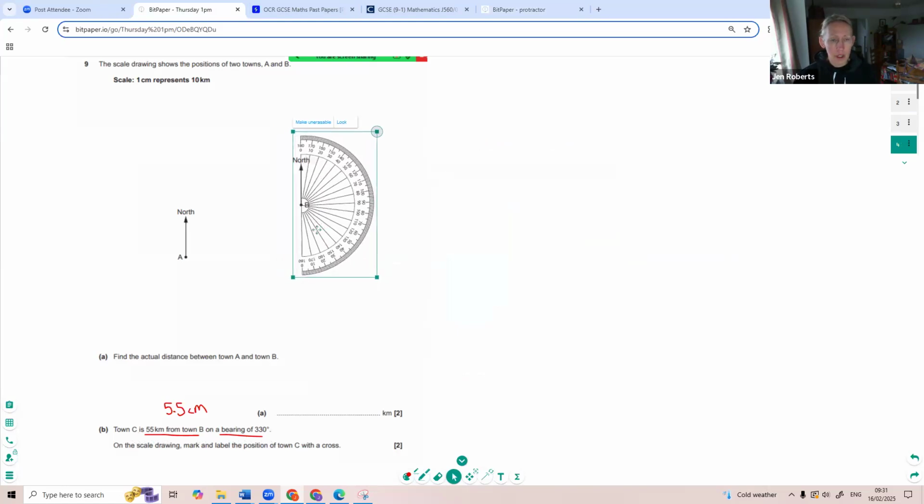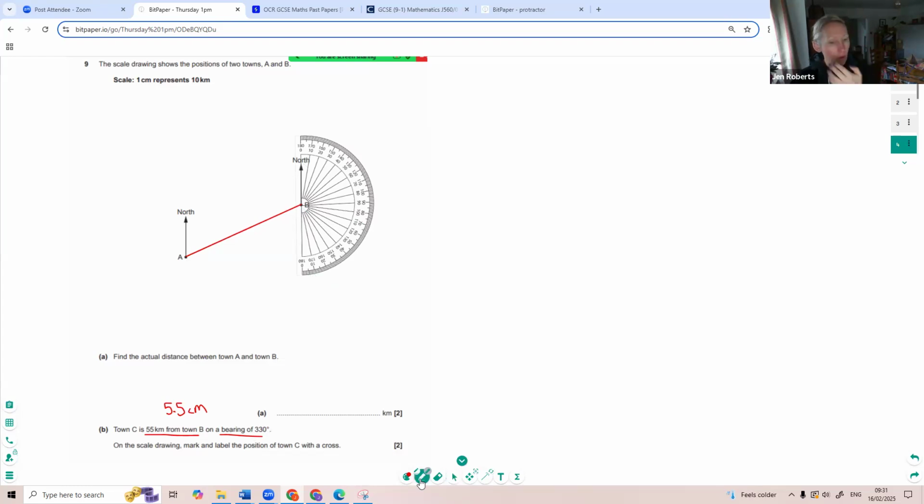So there's 2 different ways you can do this. Don't forget, bearings, we go clockwise. So we have to start at north and go clockwise. But can you see on this protractor, we only get up to 180. We need to go all the way around to 330. I'm just going to join town A and B together. You don't have to do this. So let's think about what the anti-clockwise angle would be.